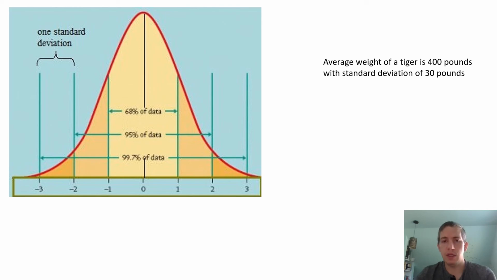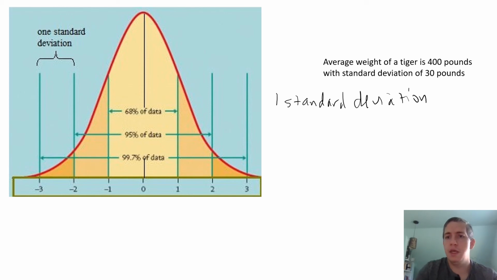So here I want to show you an example of what that means. If the mean weight of a tiger is 400 pounds and the standard deviation is 30 pounds, then if I want to talk about just one standard deviation, one standard deviation above would be 430 pounds, right?